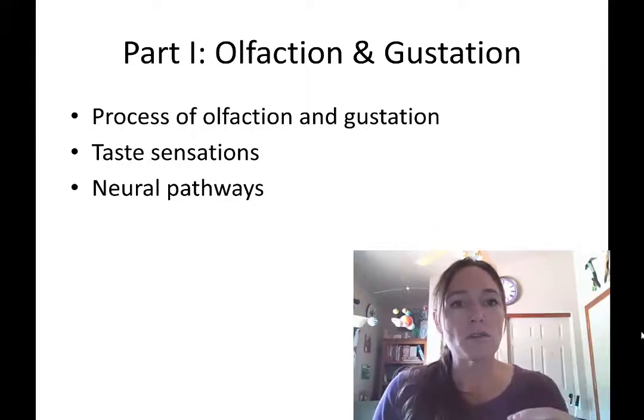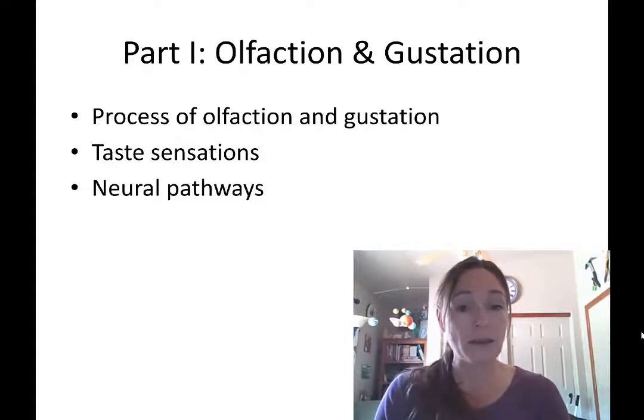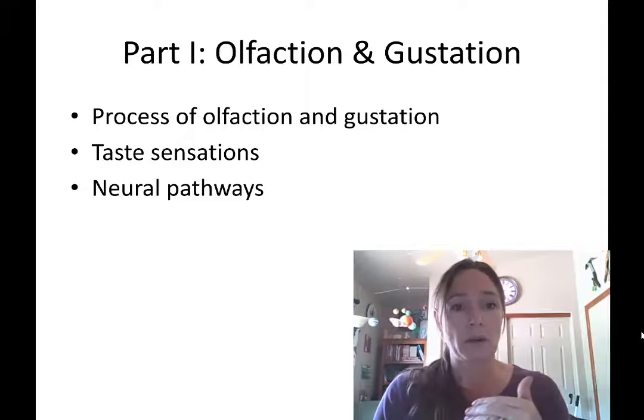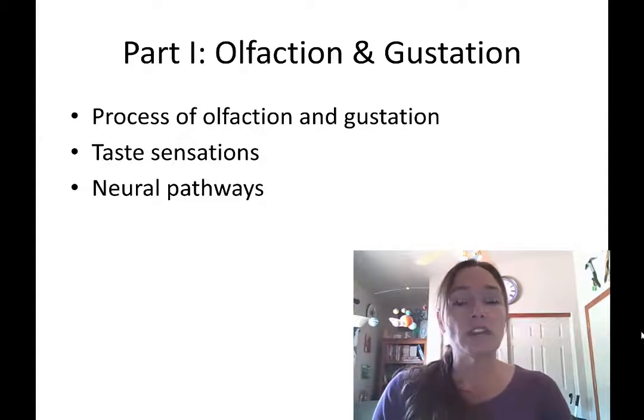The airborne molecule gets dissolved in the mucus in your nasal cavity, and that is how it can adhere to your olfactory receptors and then go into the brain. For gustation, the food in your mouth has to be dissolved by saliva, and that's how your taste buds can pick it up.